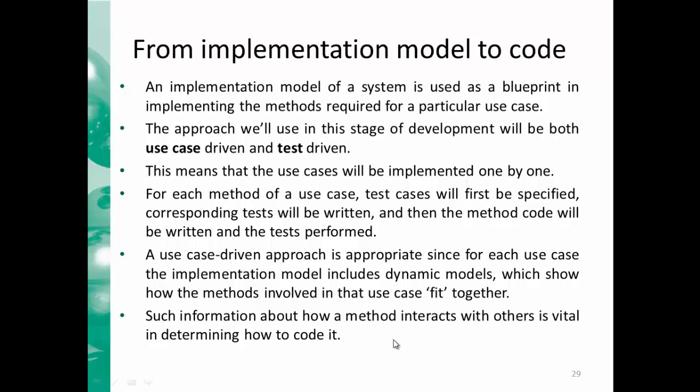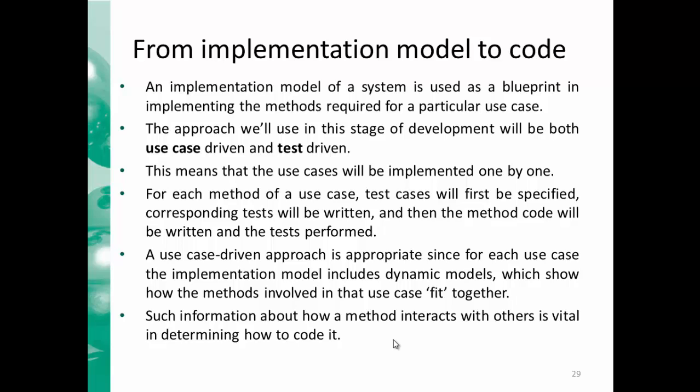As you may remember, we mentioned earlier that the implementation model of a system is used as a blueprint in implementing the methods required for a particular use case. Here we will continue using the test-driven approach along with the use case-driven approach of development.